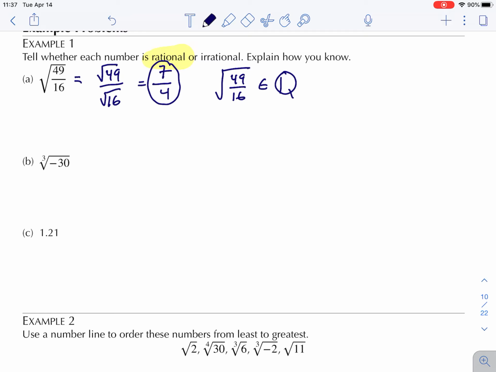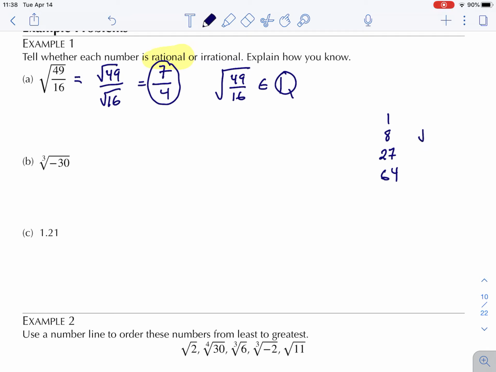All right, let's take a look at the cube root of negative 30. Well, let's take a look at our perfect cubes. Our perfect cubes are 1, 8, 27, 64. Now, the cube root of our perfect cubes are integers. The cube root of any other number is going to be irrational.